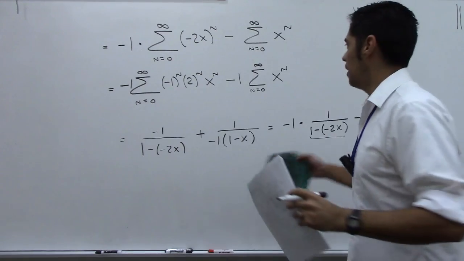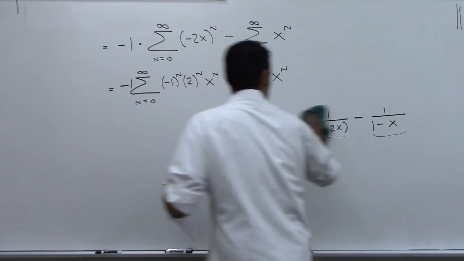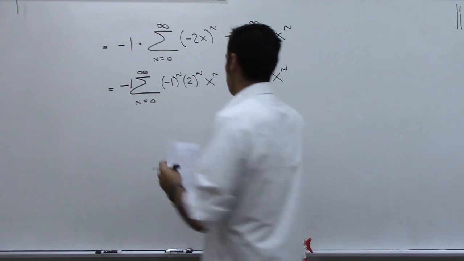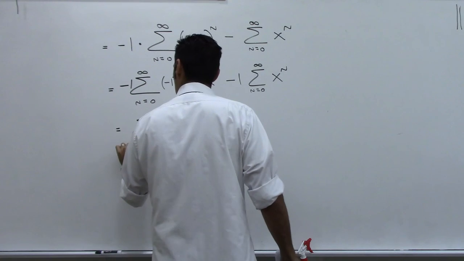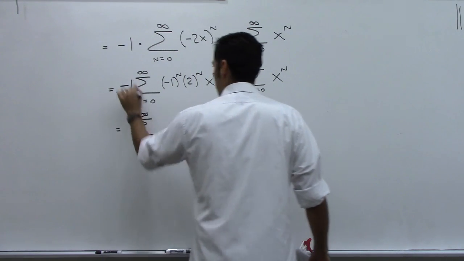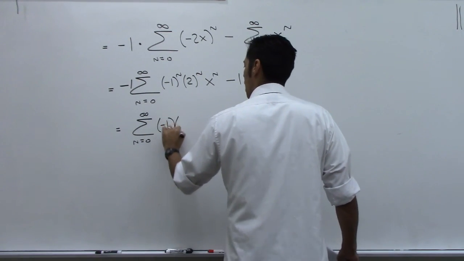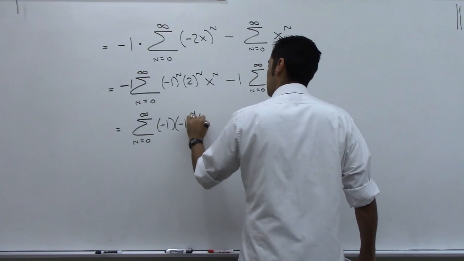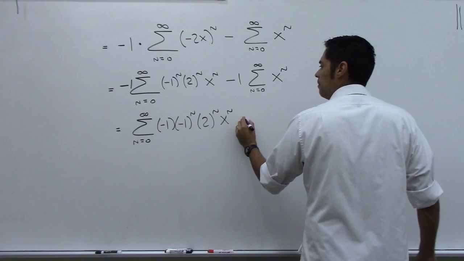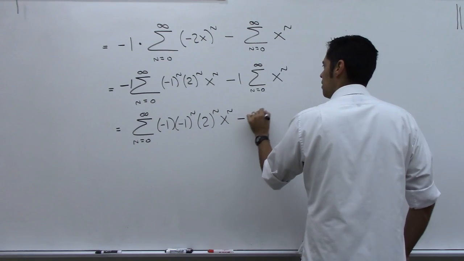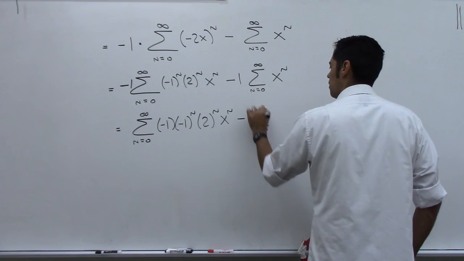And then the next thing, I'm going to bring this -1 in: sum n equals 0 to infinity, I have the -1 I just brought in. I had -1 to the n, 2 to the n, x to the n, and then minus sum n equals 0 to infinity of x to the n.